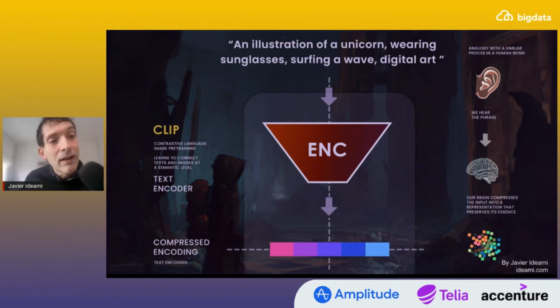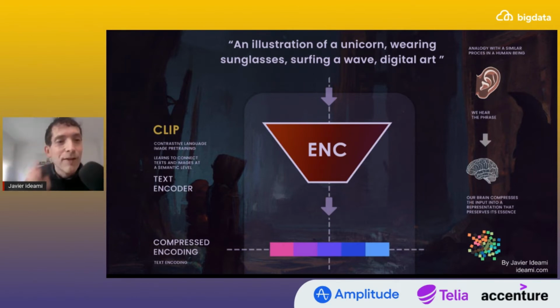And it has learned to create a latent mathematical space where the compressed representations of images and texts that are good matches with each other are located close to each other within that latent mathematical space. So it uses this architecture to produce this compressed representation.